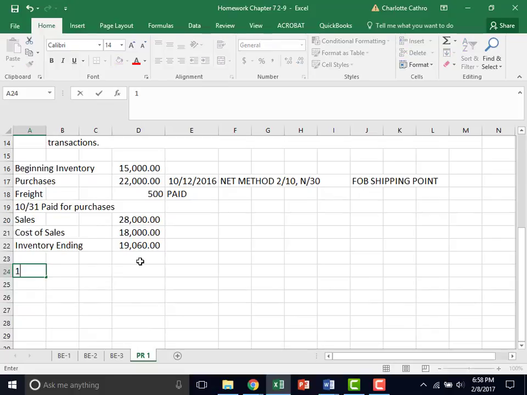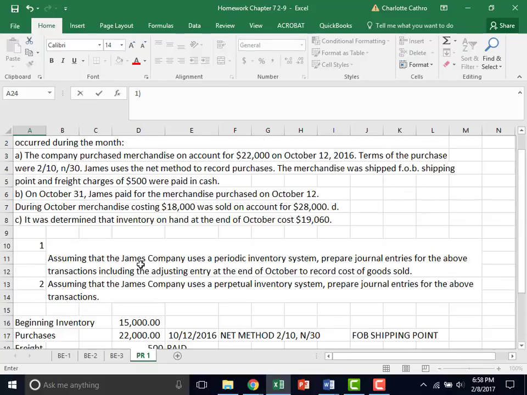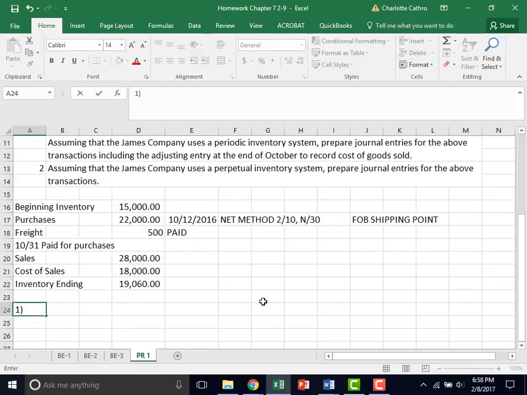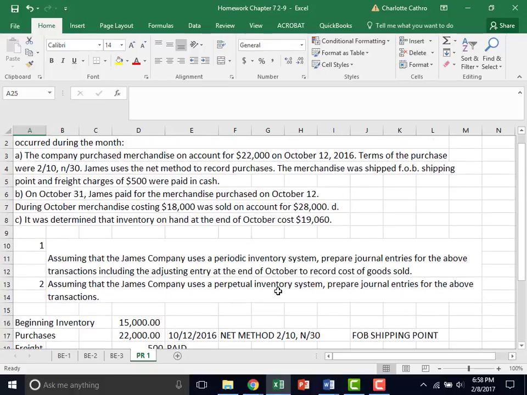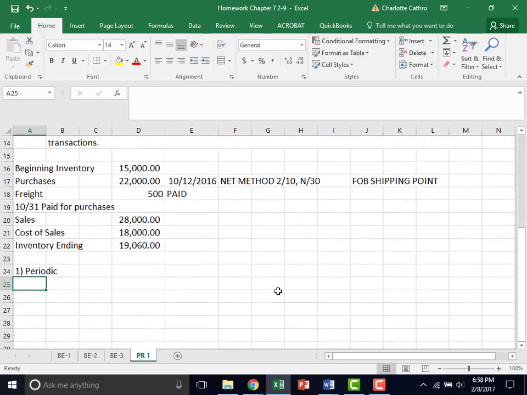Okay, so Part 1, let's do this on the perpetual system. Oh, sorry, first Part 1 is periodic. Let's do our journal entries for the periodic system. So we have to record our purchases that were on 10/12.